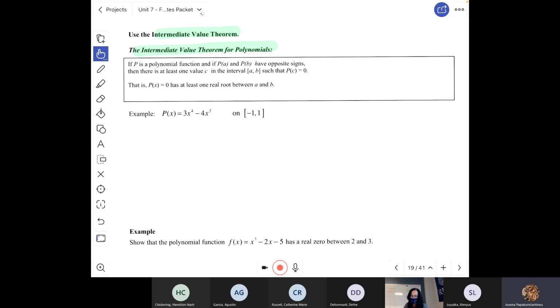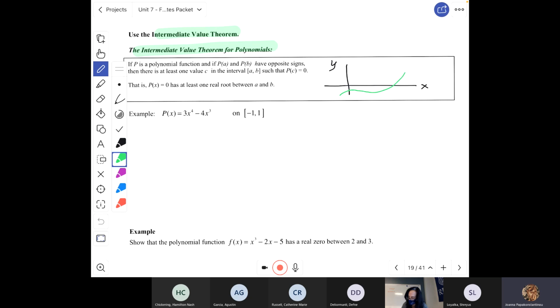So what does that mean? Well, let's take a look at a graph and see if we can understand what this is telling me. I have a polynomial. I have an interval, say A. So the polynomial evaluated at that input is P of A, right?